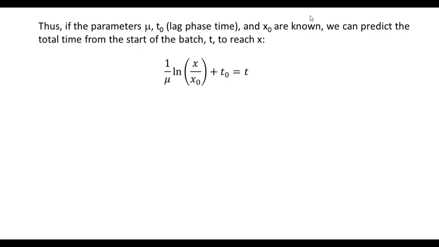So lag time, which is here, and this is the time for logarithmic growth starting from x0 to reach x. This would be the total time of the batch if we are interested in reaching a certain cell concentration x, beginning with a cell concentration of about x0. I am assuming that there is no change in cell concentration in the lag phase.